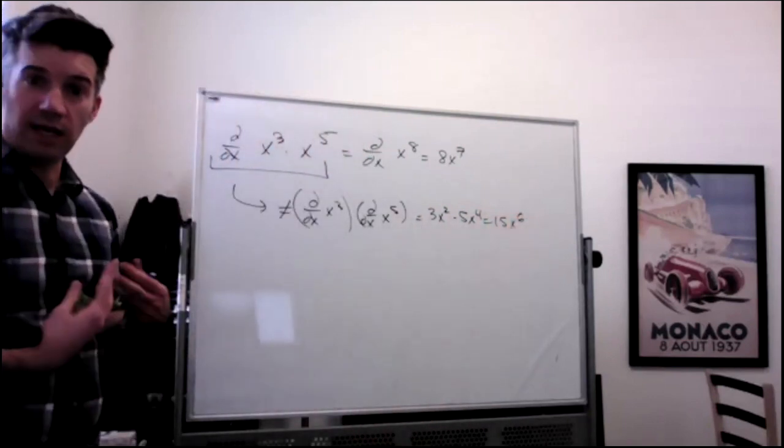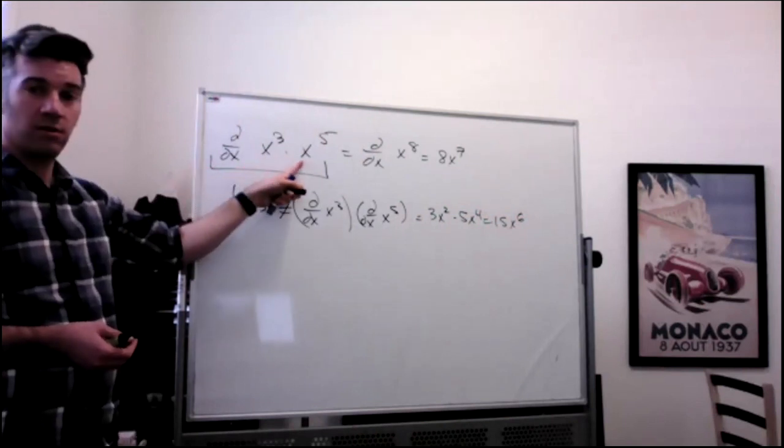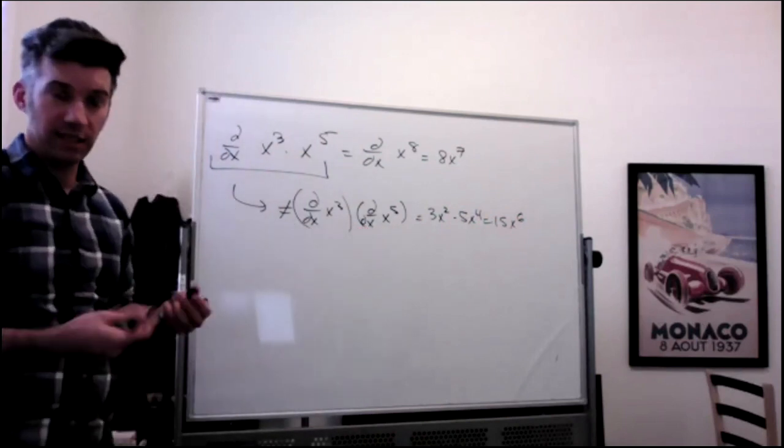So I'm going to say again, you cannot take the derivative of a product of things by doing the product of the derivatives. That does not work. That is incorrect.